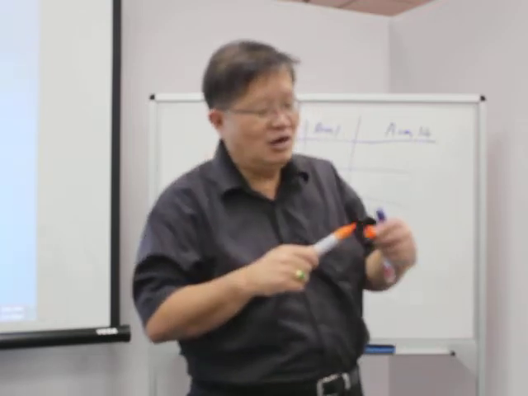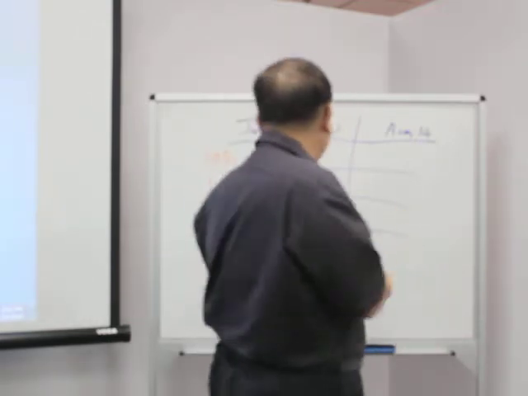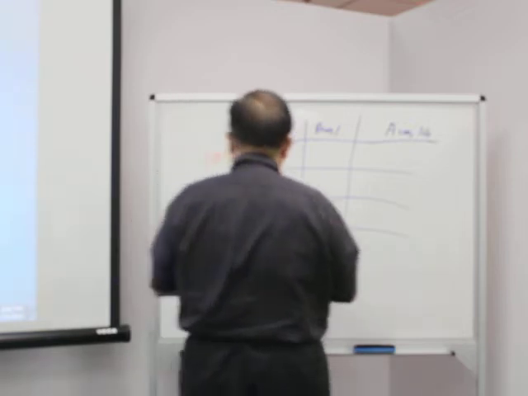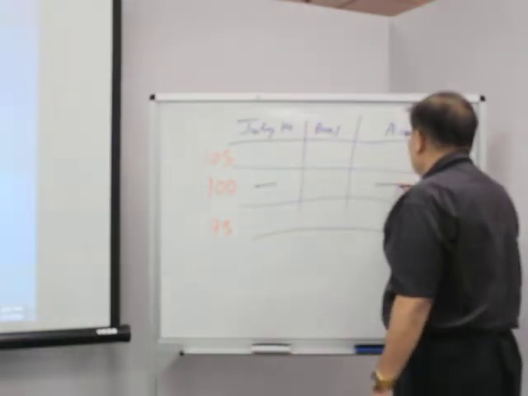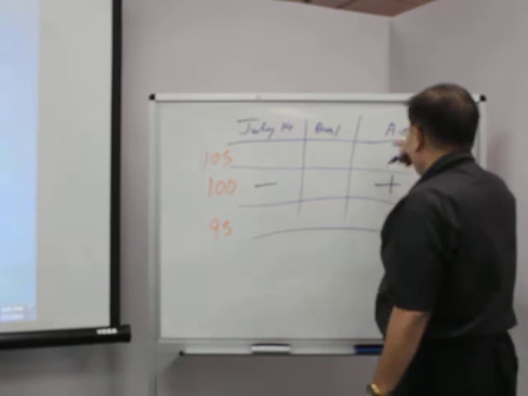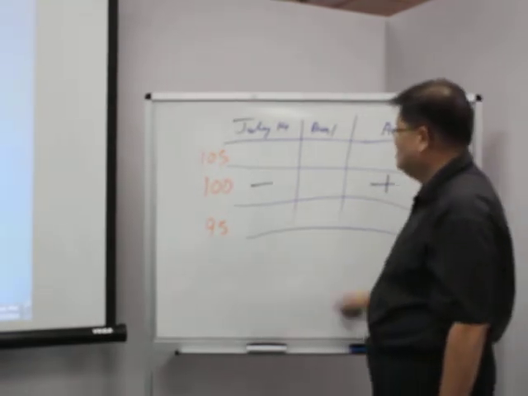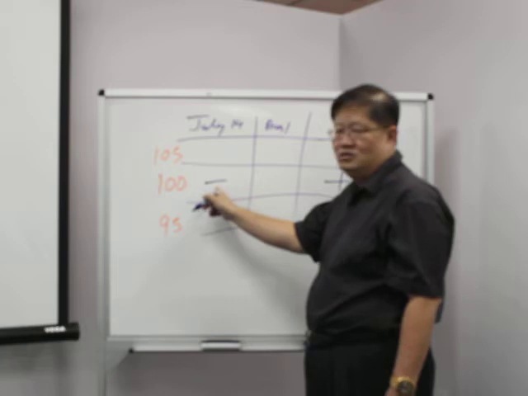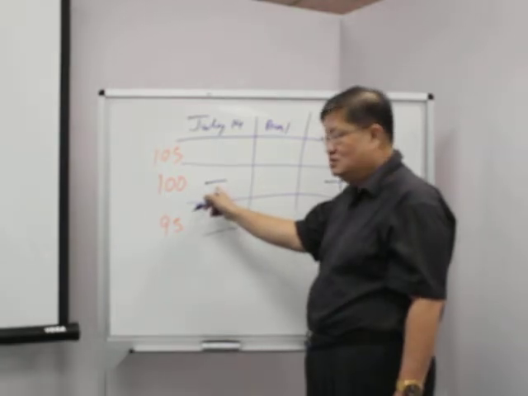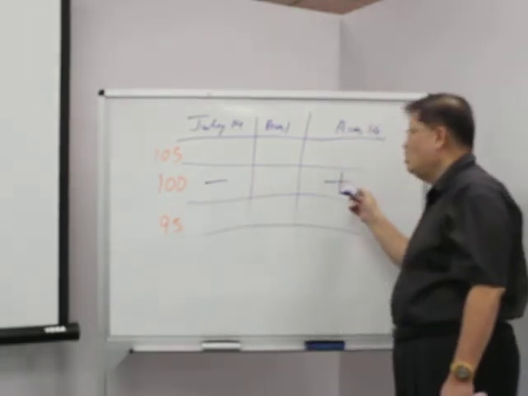Let me explain to you how a calendar works. Let's say you sell a 100 call in July, and you hedge by buying August.